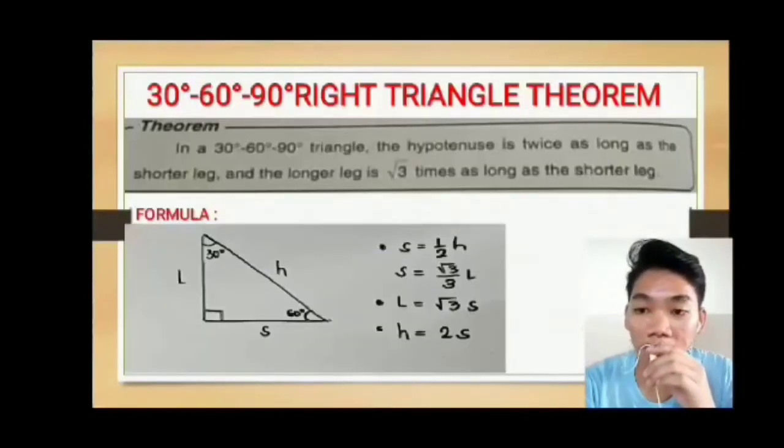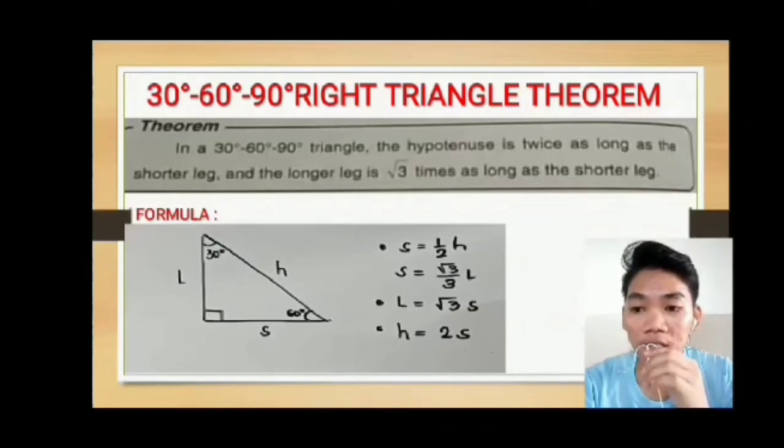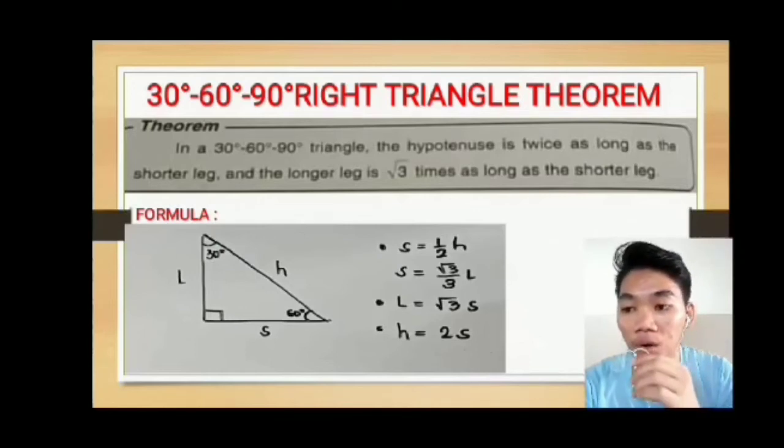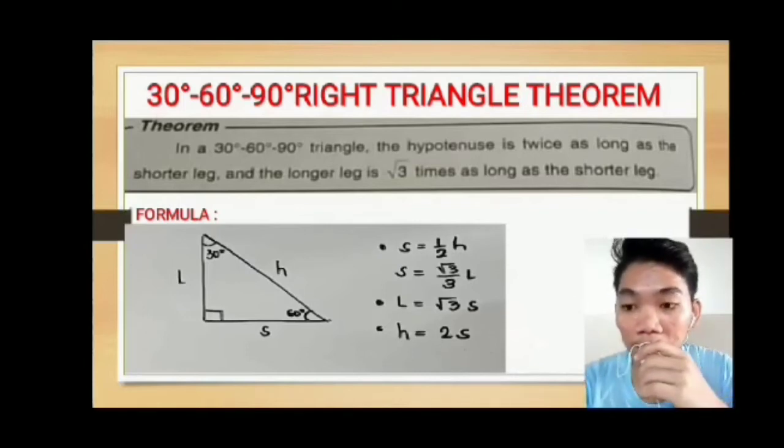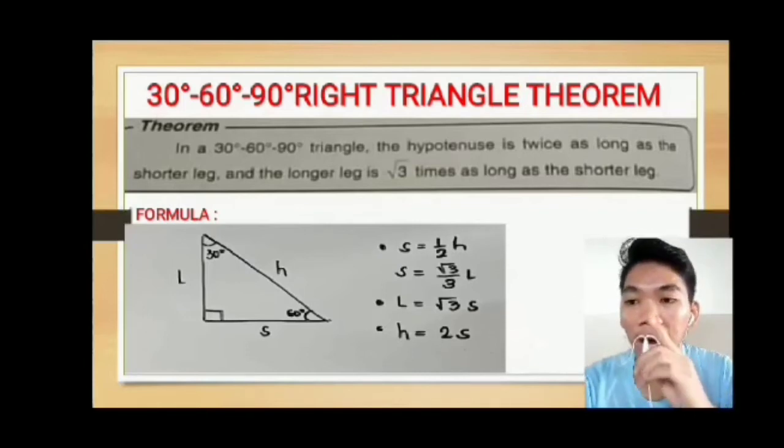Then, sa next naman, sa 30, 60, 90 degrees right triangle theorem. So, in a 30-60-90 triangle theorem, the hypotenuse is twice as long as the shorter leg, and the longer leg is square root of 3 times as long as the shorter leg. Meron tayong apat na formula dito.